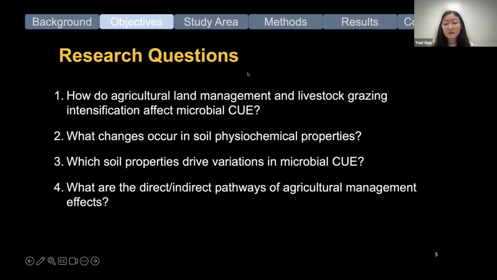So based on this background, we developed 4 key research questions for our study. First, we wanted to understand how agricultural land management and cattle grazing intensities affect soil microbial carbon use efficiency, as well as the related carbon metabolisms like growth rate or respiration rate.